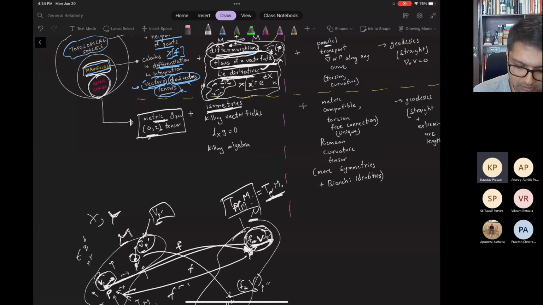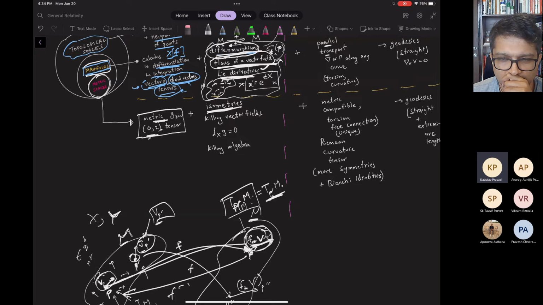Yes, sir. So, just out of curiosity, first we define a metric, and then we have this certain class of diffeomorphisms that are isometries. What about metrics that are preserved under all diffeomorphisms?